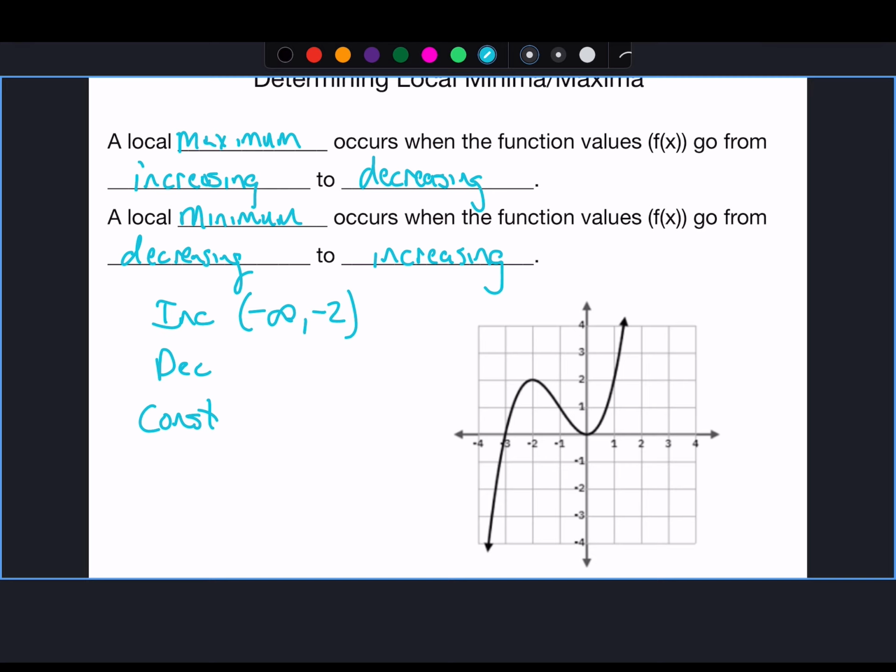Decreasing. And then 0 to infinity. We're increasing. Remember, it's the x value, 0 to infinity. Do we have any intervals where it's constant? No.